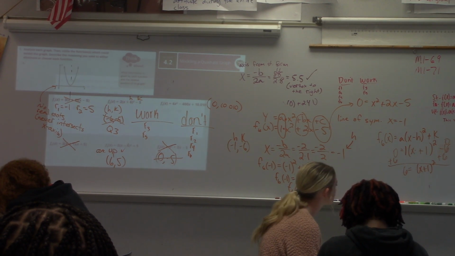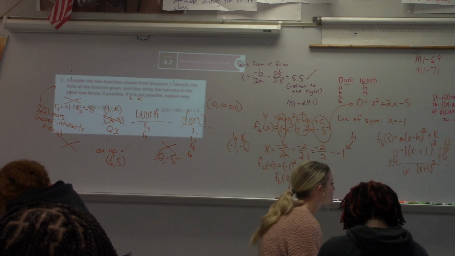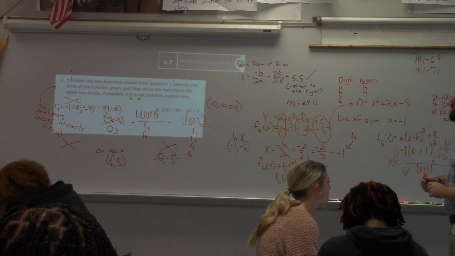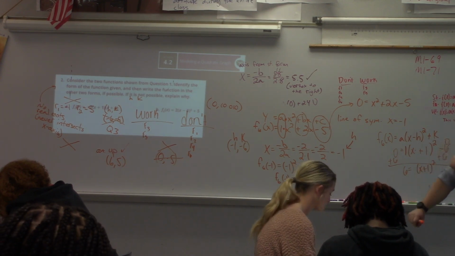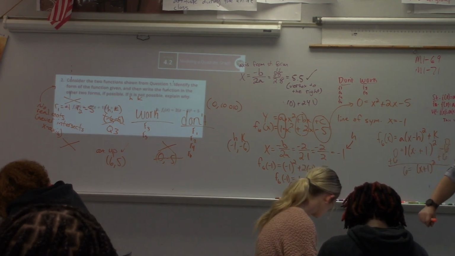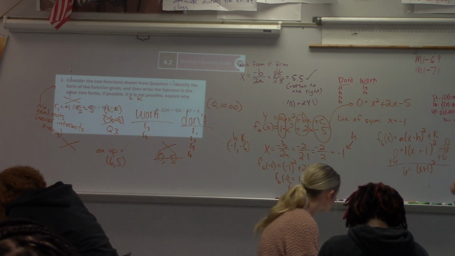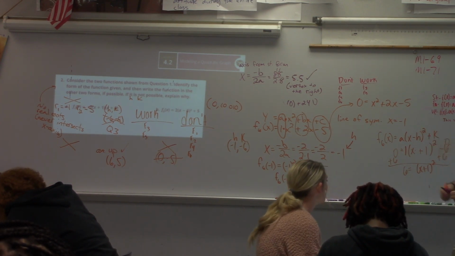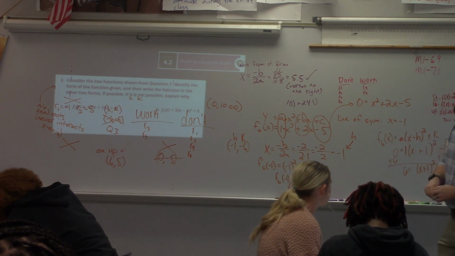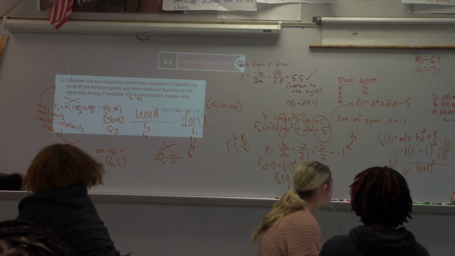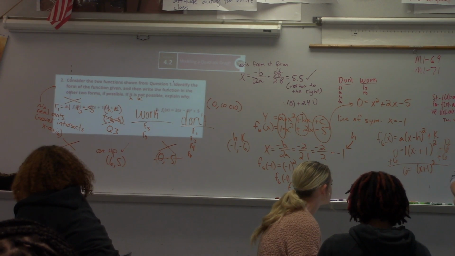So again, we're not going into a whole lot of detail, but that is kind of the point here with number 2, and we're going to come back to this next unit. It says consider the two functions shown in question 1, identify the form of the function given, and then write the function in the other two forms.